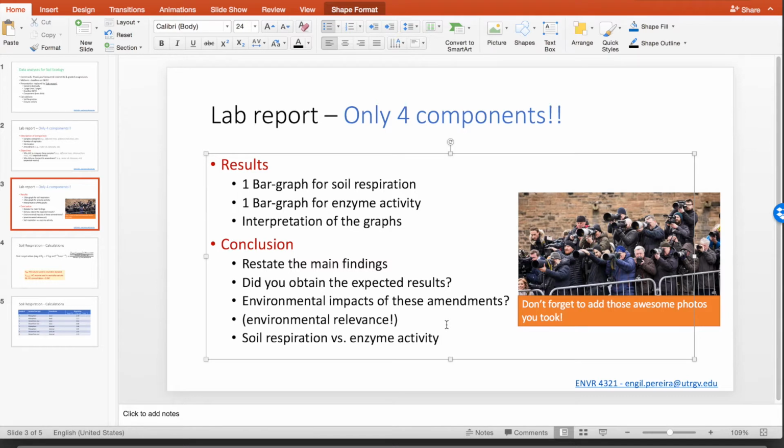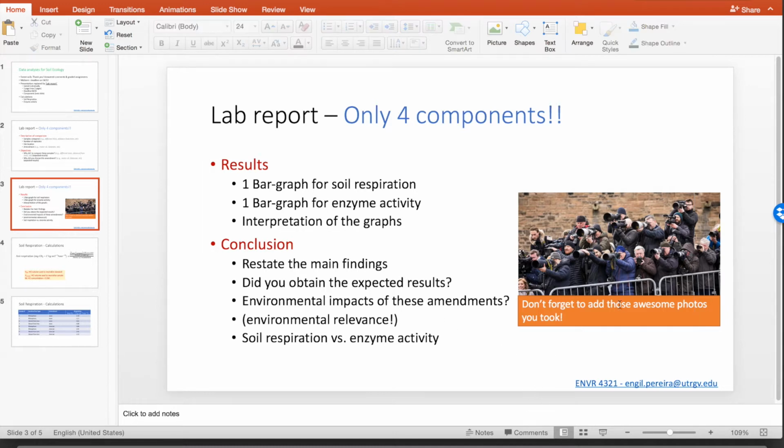For instance, if you added Gatorade increased soil respiration, did you observe the same in enzyme activity? Make a note about that on your conclusion as well. And don't forget to add all those awesome photos you took, okay?